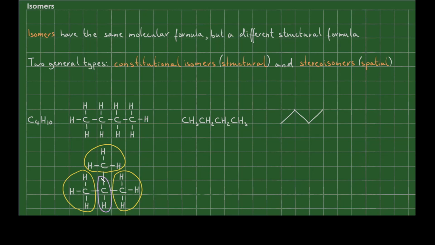And so if I was to write the condensed structural formula, I would have CH3, the methyl group at the start, then I would have this CH group. And now I need to indicate that this CH group has 2 methyl groups attached to it. I have this CH3 on the top and this CH3 on the right.